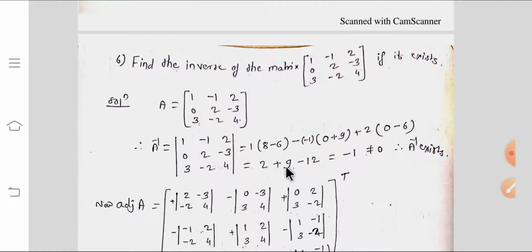So that is equal to 2 plus 9 minus 12, that is equal to minus 1, which is not equal to 0. So therefore given A is non-singular, hence its inverse exists.